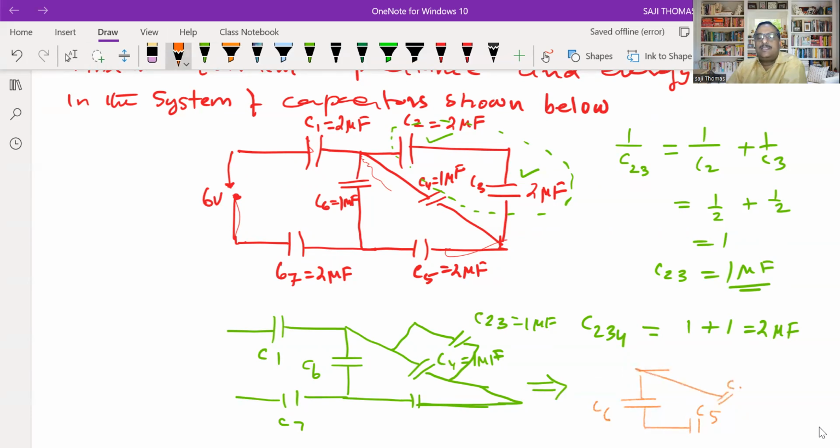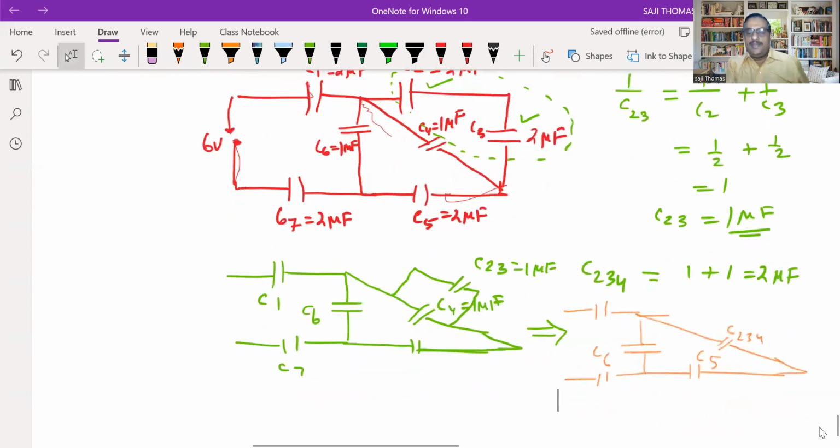This is C234. Now the diagram is simplified like this. Now you see this C234 and C5 are in series. Now you find the equivalent of C234 and C5. That is the next step you have to do.